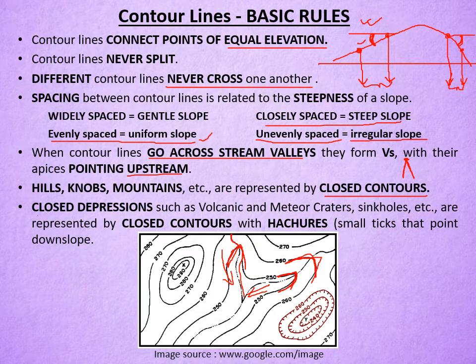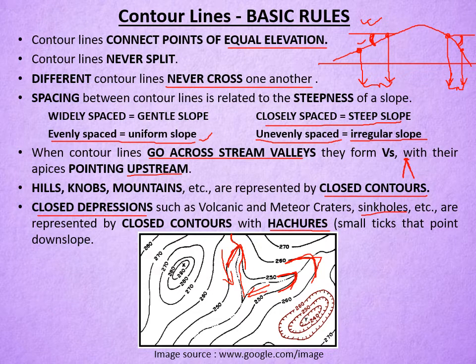Similarly, a closed depression, for a volcanic or meteoric crater, that means a depressed area or a sinkhole, is also represented by closed contours but with some small perpendicular lines which are known as hachure marks.